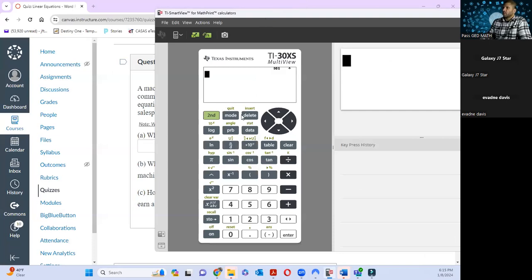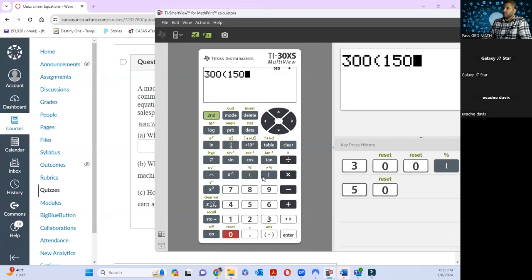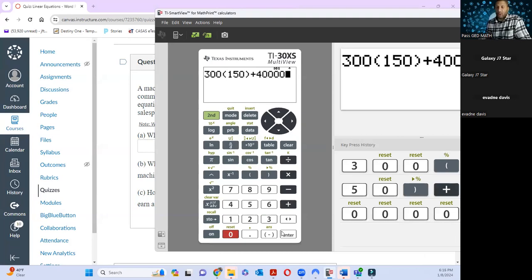So y equals 300 times the number of machines, 150, plus 40,000. You don't even have to go into the difficulty of doing this by hand. You can use the calculator because we know how to substitute or evaluate an algebraic expression. We just plug that in and we get 85,000.